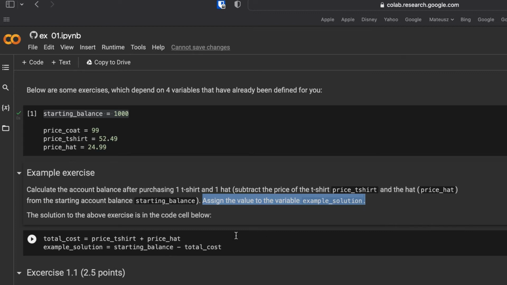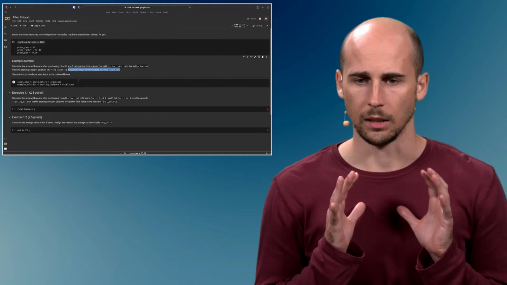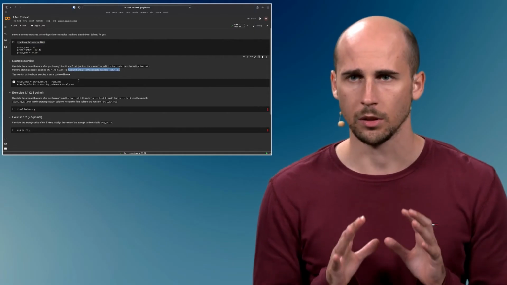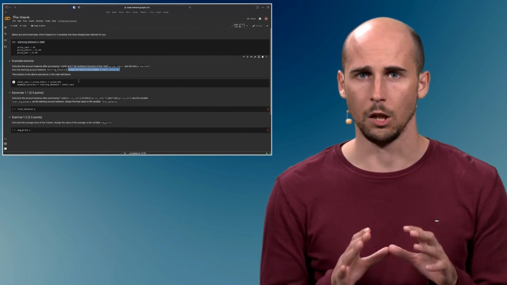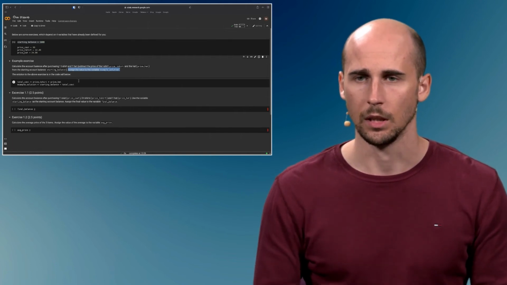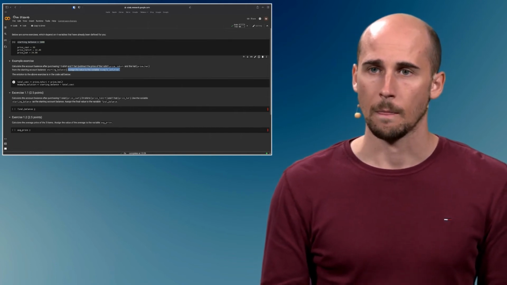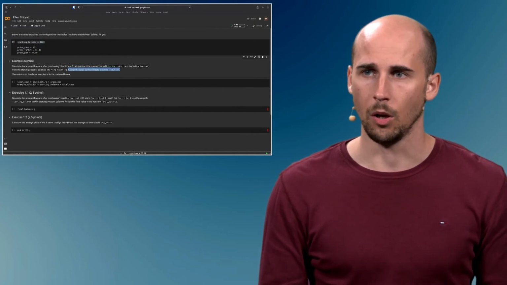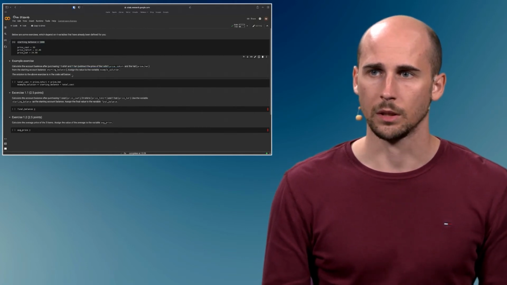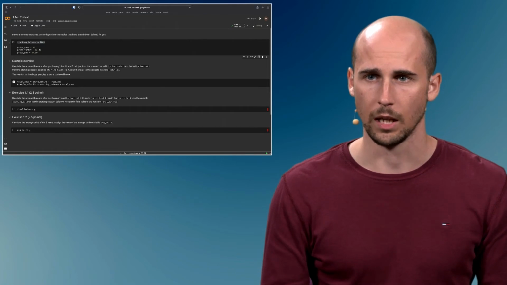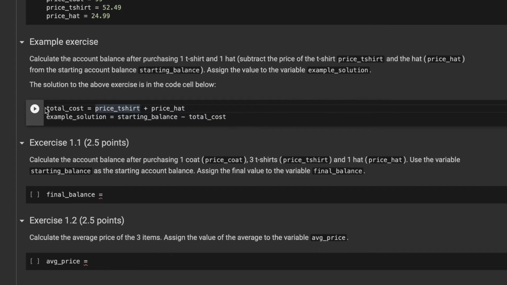So as you can see, the descriptions of your exercises will be very specific. An example of a solution to this exercise would be something like this. First, you compute the total cost of everything.